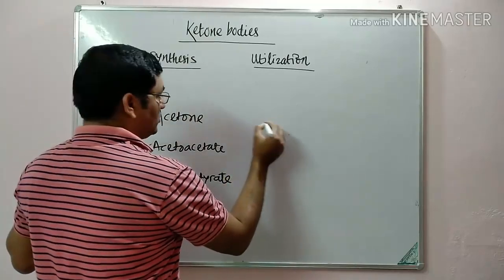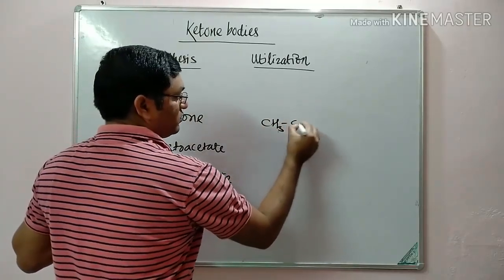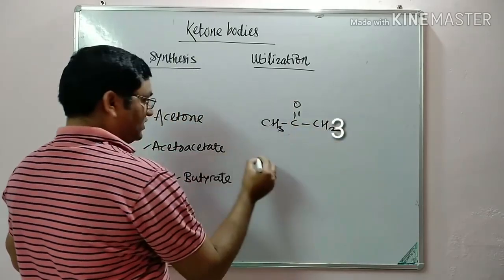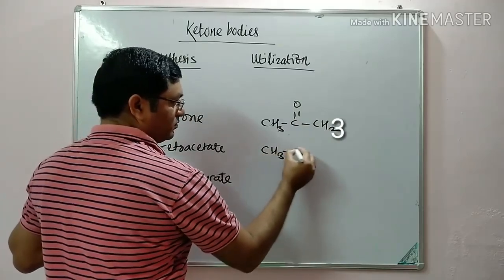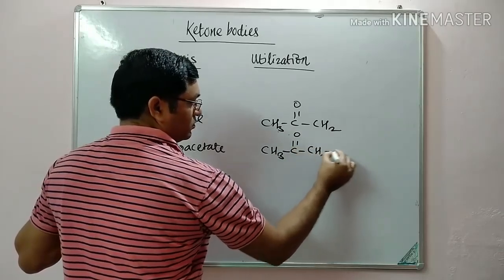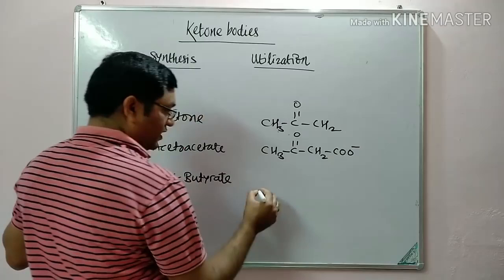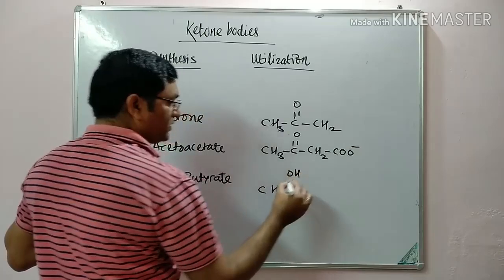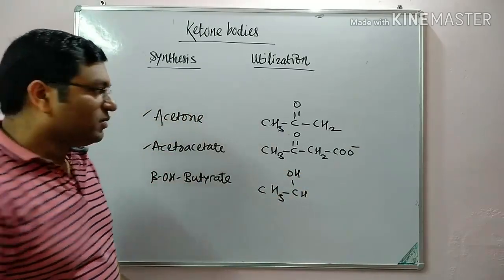For example, acetone contains a keto group. Then acetoacetate, and beta hydroxybutyrate, which contains an OH group.